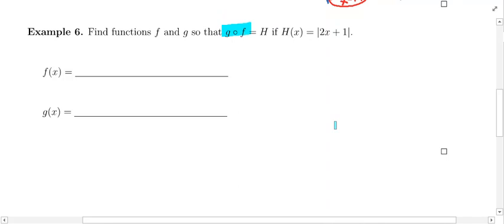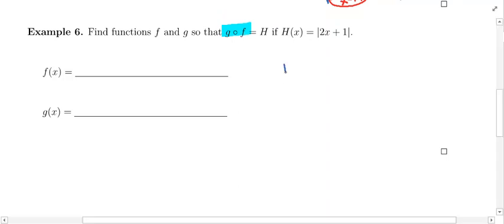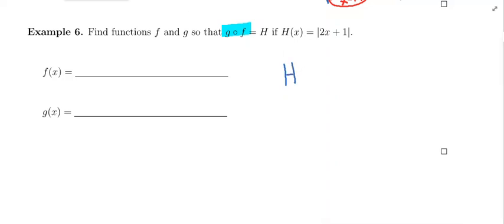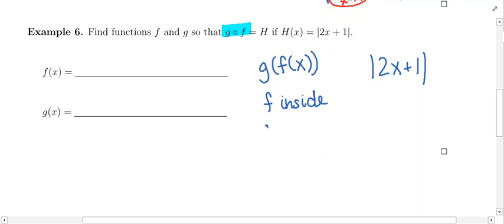Now we're doing g of f. The composite function here is the absolute value of 2x plus 1. We're trying to find g of f of x here. So f is the inside function, g is the outside function.